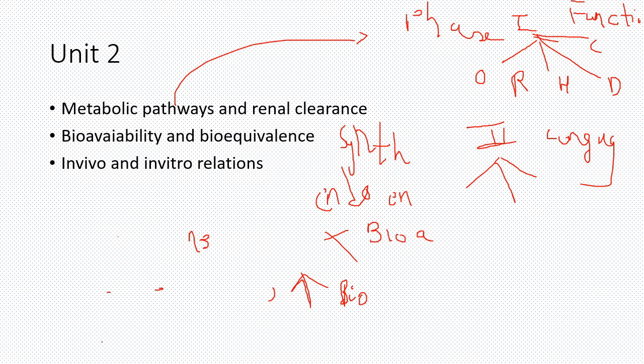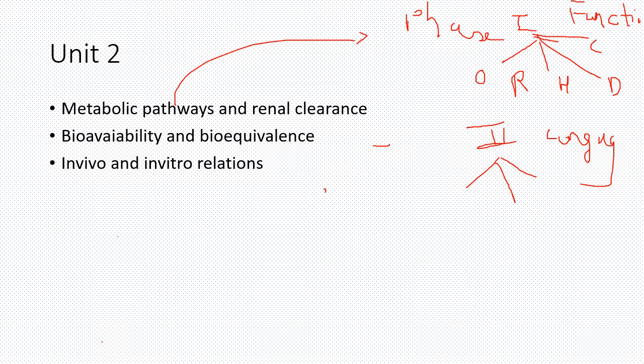Next is bioavailability and bioequivalence. So from the name only you can make out what exactly it means. Bioavailability, that means amount of drug available in your biological fluid, that is your blood. And its scientific pharmacological definition is rate and extent at which the fraction of drug gets absorbed in the systemic circulation.